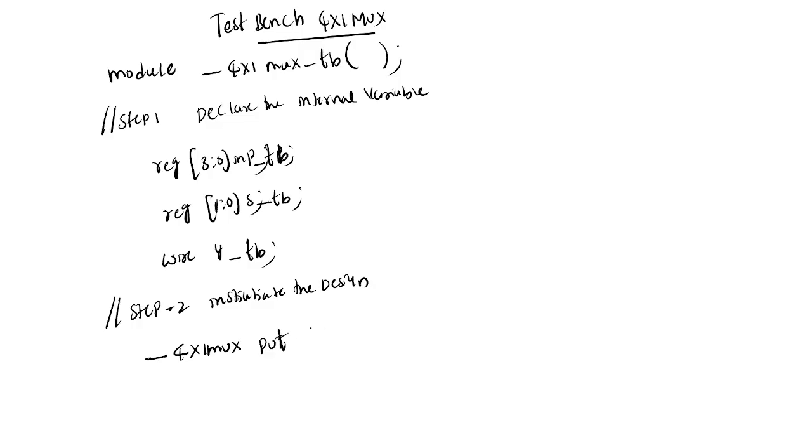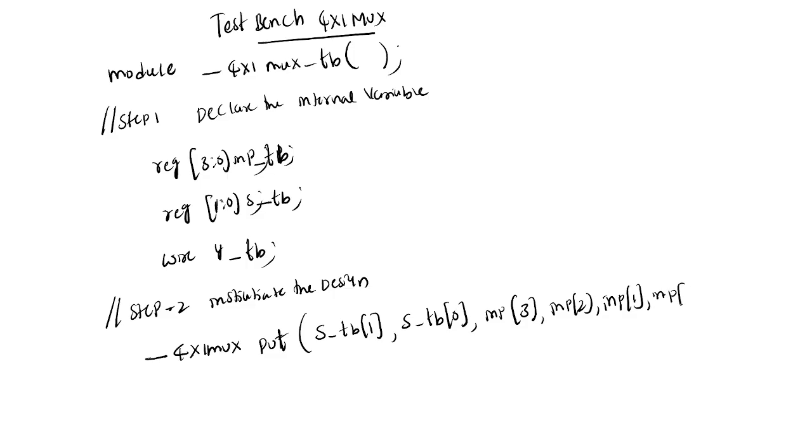Connection by position means s underscore tb of 1 comma s underscore tb of 0 comma inp of 3, inp of 2, inp of 1, and inp of 0 comma y underscore tb.